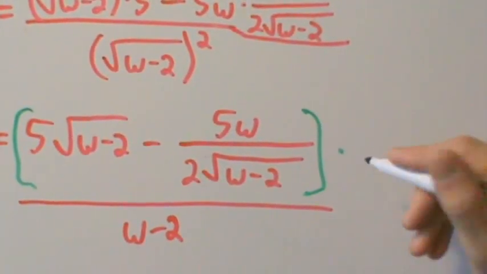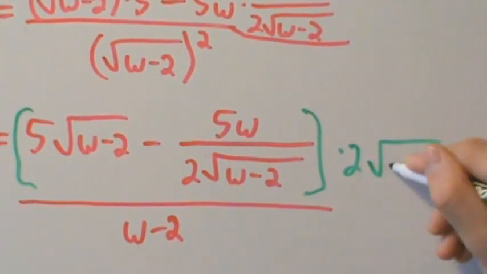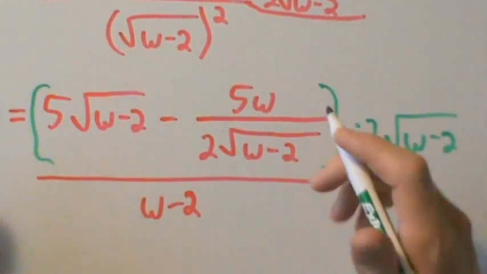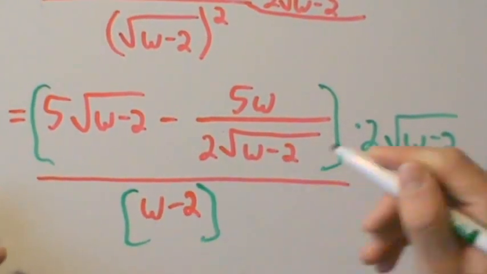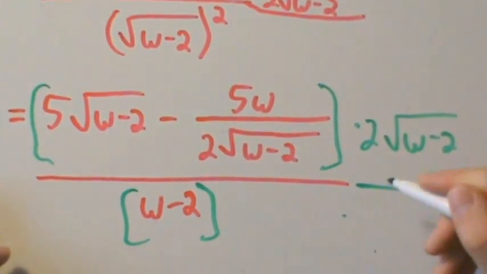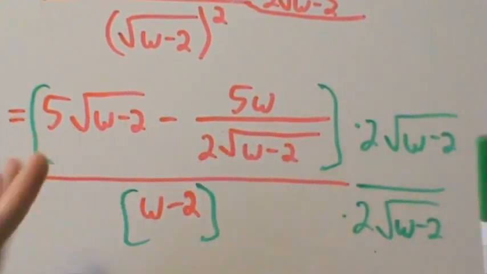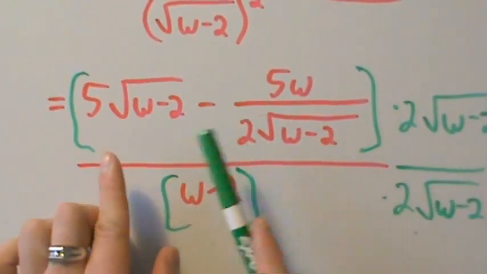So if we do that, then we have 2 root w minus 2. All right. Now, because we multiplied the big top by something, we have to multiply the big bottom by the same thing. So 2 root w minus 2. Okay. So multiply the top and the bottom by the exact same thing. So this is the exact same process as, ignoring the bottom and getting a common denominator.